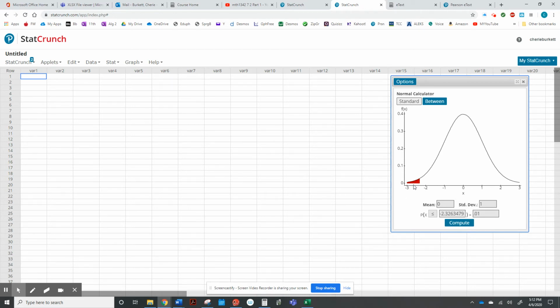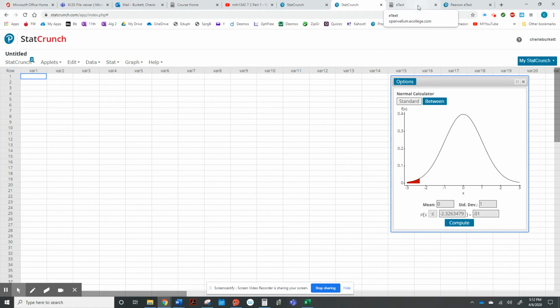It says that the z value right here is negative 2.326. Now we said it was negative 2.3 something, so negative 2.326. You can use the negative 2.326 or you can round that to 2 decimal places depending on what your homework says.